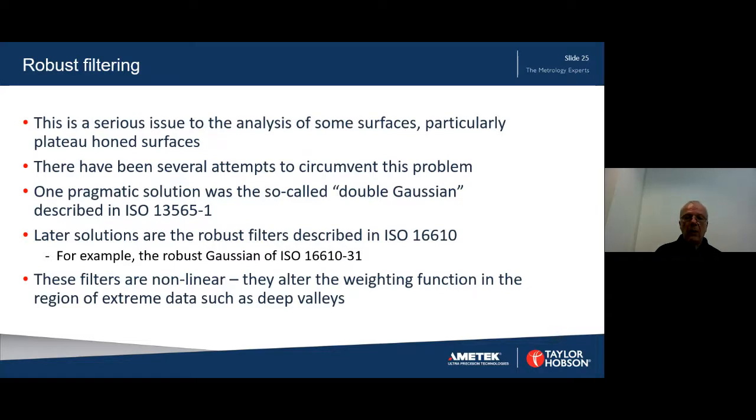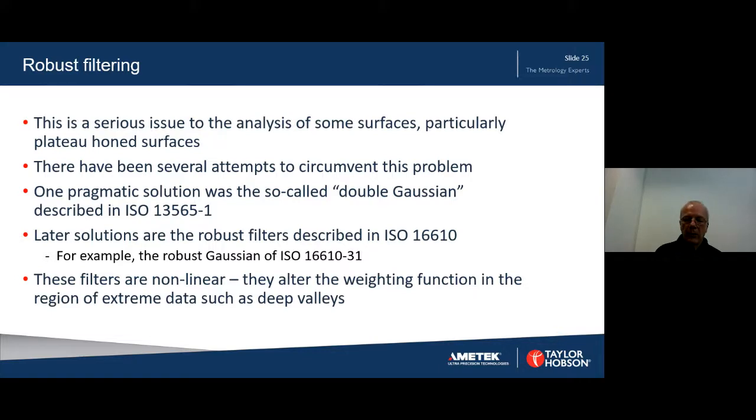The process is essentially as follows. Apply the Gaussian filter to produce the waviness profile. Truncate the areas of data in the primary profile that dip below the waviness profile to produce a modified primary profile.